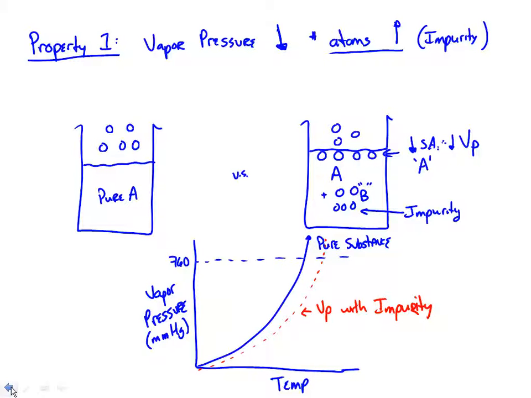When you add the impurity, the vapor pressure decreases. So the more atoms you add, the lower the vapor pressure goes. The first beaker has a higher vapor pressure, meaning there's 5 little molecules. This one has a low vapor pressure because there's only 3 little molecules in there.